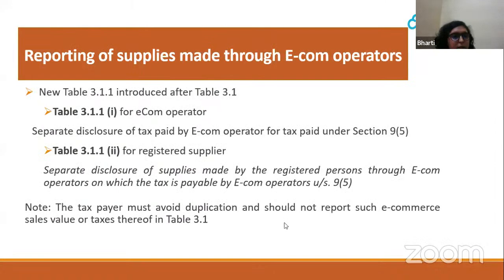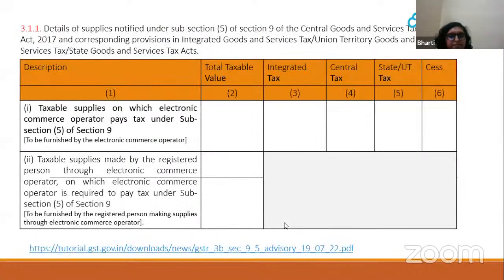So part 1 is for the e-commerce operator and part 2 is for the registered supplier. For the sales reported in 3.1.1, every seller has to make sure that he is not reporting them in table 3.1 as well. There should be no duplication of this data.